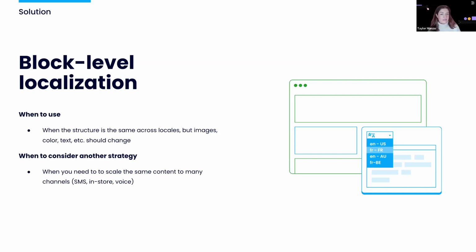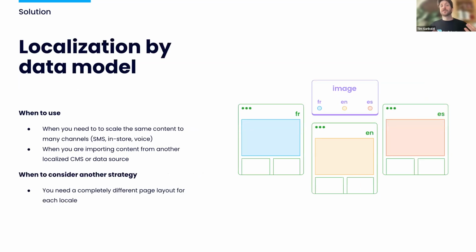And then, of course, one of the things that I really value at Builder, both of these strategies can also be applied to a data model. And that's the third method that we have here, right? I think a lot of people think of Builder as a visual CMS, and of course we are.